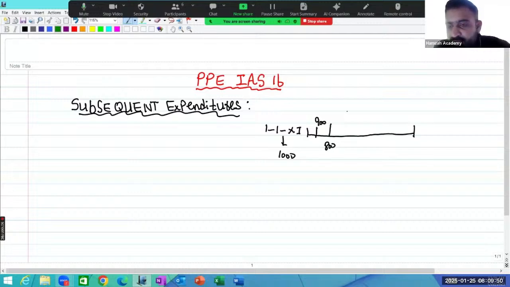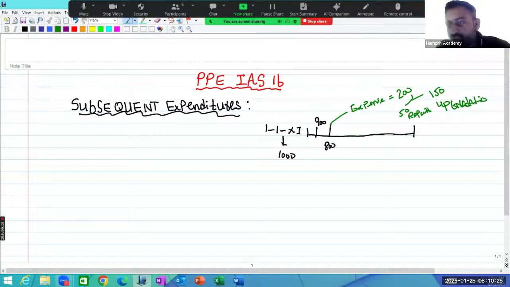Let's say we incur an expense of $200 on that asset, and this $200 consists of $50 repair expense and $150 for some upgradation in the asset.